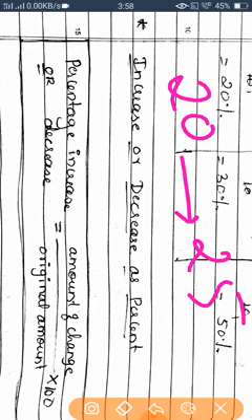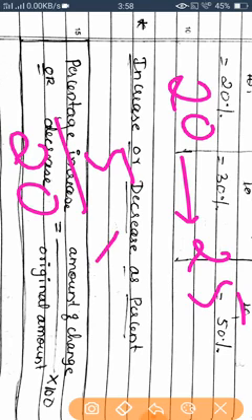So how much increase? 5 increase. So out of what? We are comparing the increase amount to the 20 only, because the basic is 20. So out of 20 it is increasing. Out of 20, into percentage means into 100. That's all. So that is the increase.